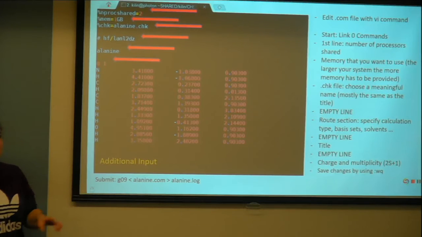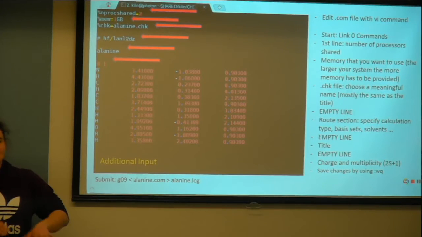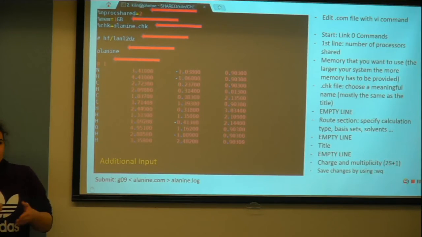The first three lines are called Link 0 commands, and they always start with the percentage sign. And then the command line where you specify your job and basis set and everything always has to start with the hashtag. So the program knows, okay, it's a hashtag, now it's the important stuff. So kind of like that.